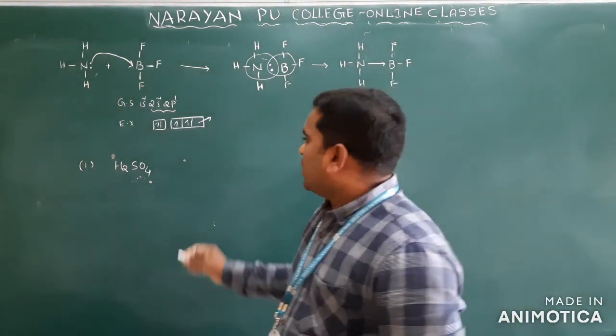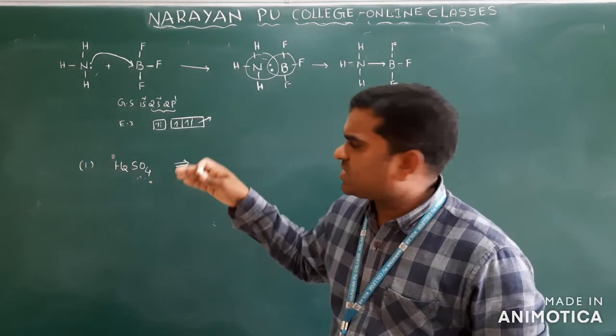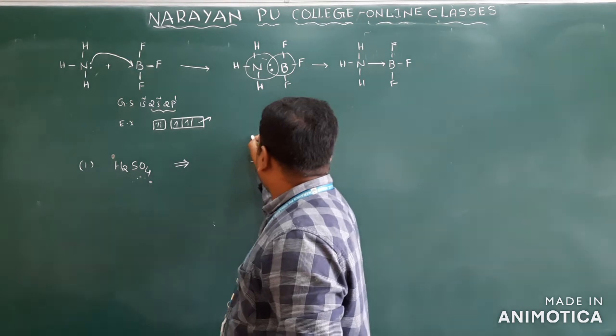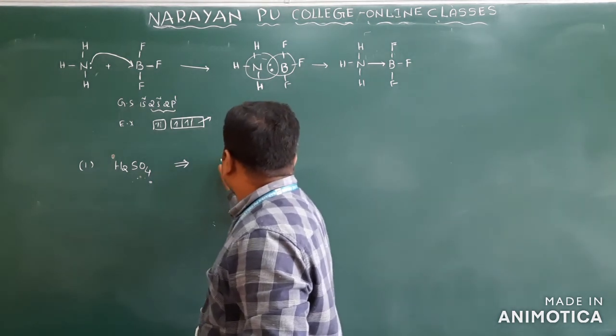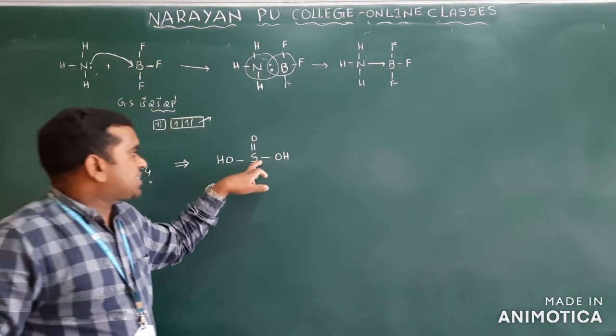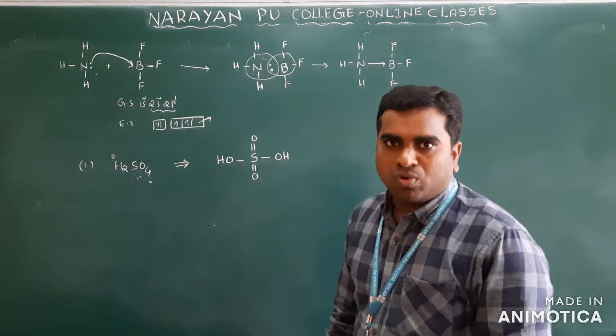Otherwise, you know, if you write the common structure for this H2SO4, what is the H2SO4 here? S double bond O, S double bond O, OH and OH. Previously I already mentioned, which exceeds the extended octet rule. Clear? So there I have given here H2SO4.